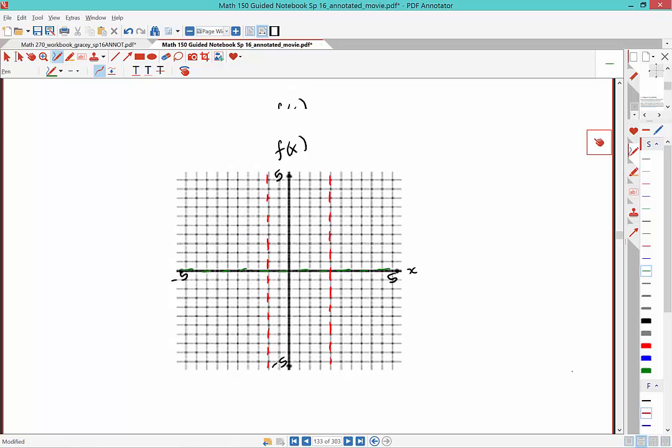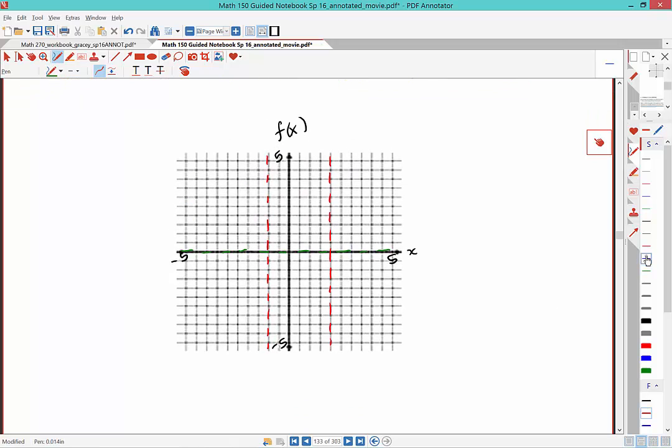And then we had our y-intercept at 0, negative a half. And then remember that we had at 1 half and just above negative a half, like at negative 0.45 or something, we had our relative maximum. I'll do that in red, our relative maximum.